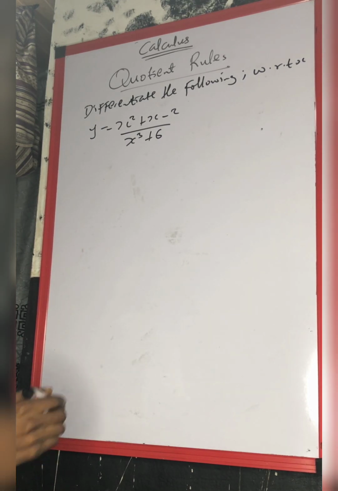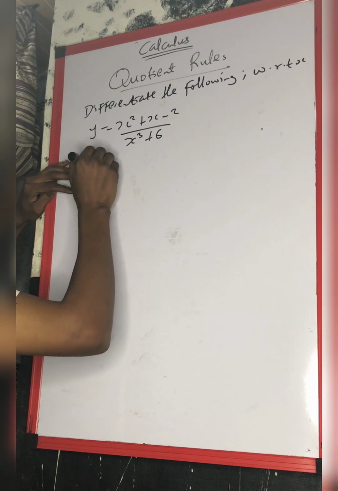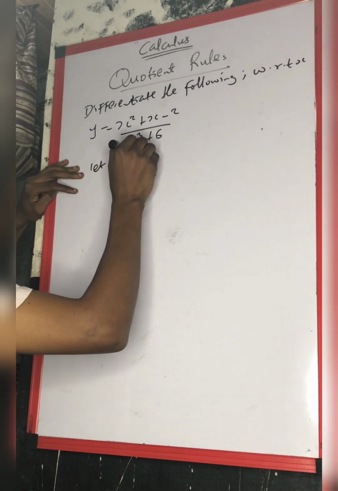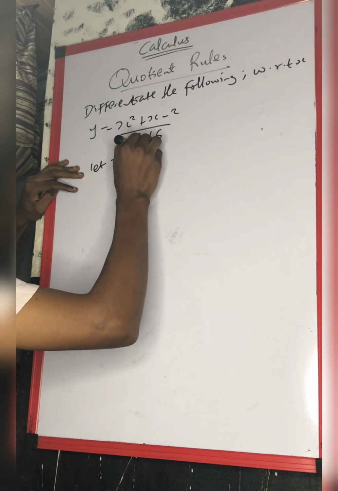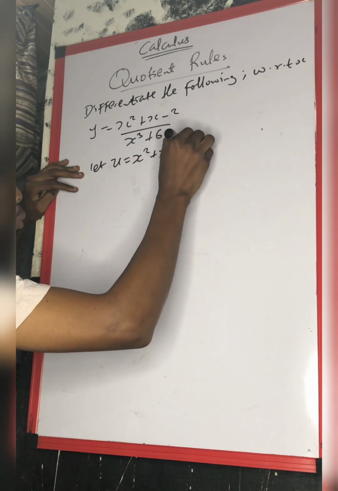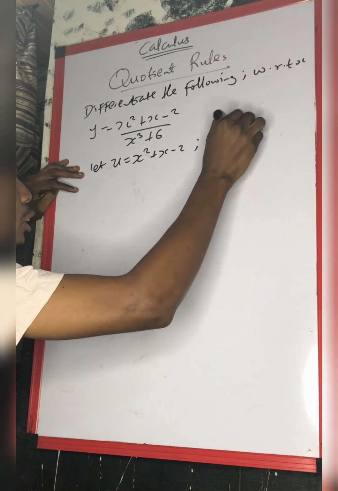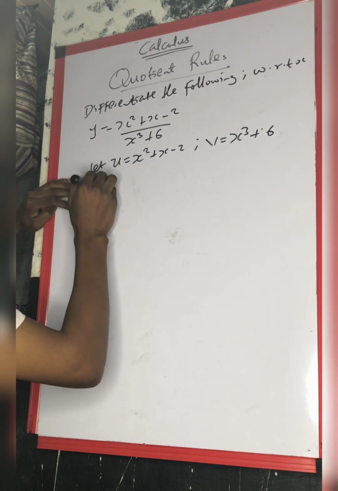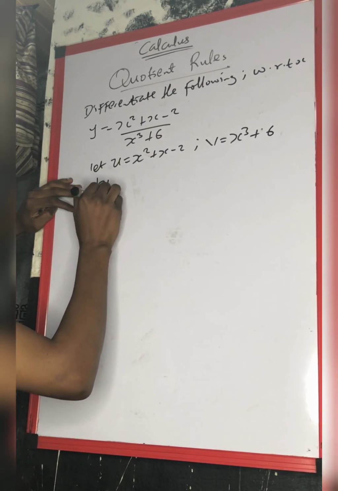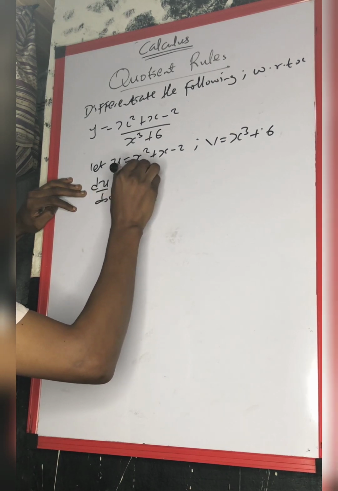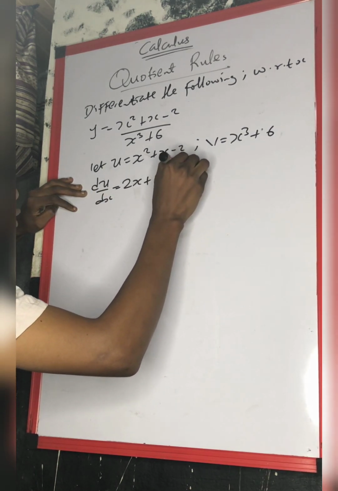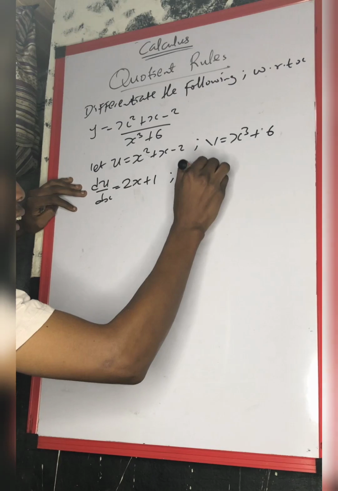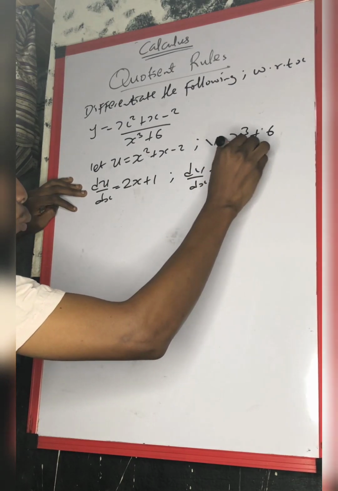From here, you can say let u equals x squared + x - 2 and v equals x cubed + 6. You differentiate u with respect to x, so du/dx is 2x + 1. You differentiate v with respect to x, we get 3x squared.